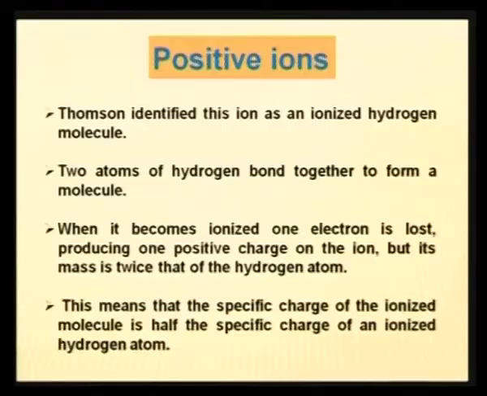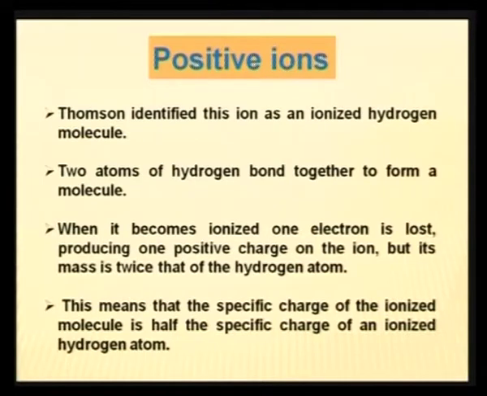When the hydrogen molecule is ionized, you have 2 protons, so the e by m value will become twice. That is what you find here. When it becomes ionized, 1 electron is lost, producing the positive charge on the ion. The hydrogen molecule becomes a hydrogen molecule ion, but its mass is twice that of the hydrogen atom.